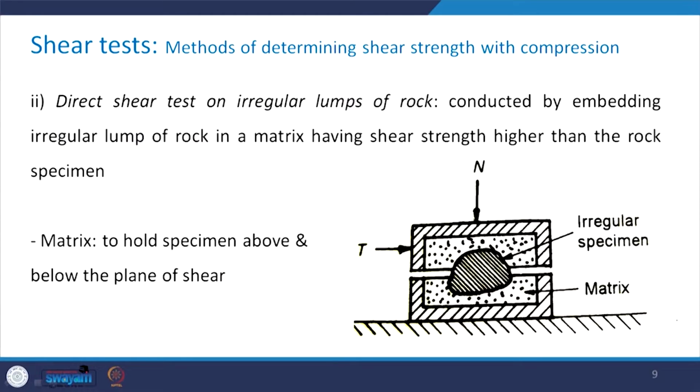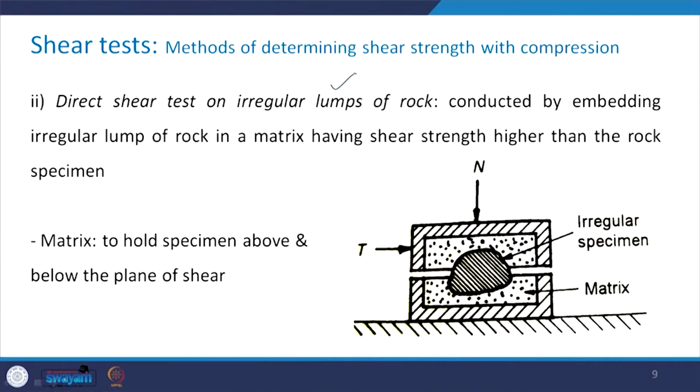This was all about the direct shear test on the jointed specimen. In case it is not possible to extract a regular shaped specimen, then direct shear test can also be conducted on irregular lumps of rock. These are conducted by embedding the irregular lump of rock in a matrix having a shear strength higher than that of the rock specimen.